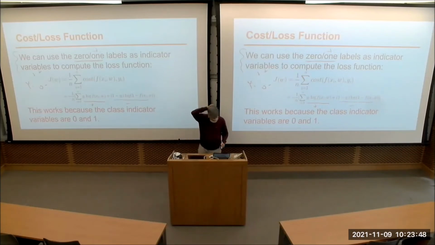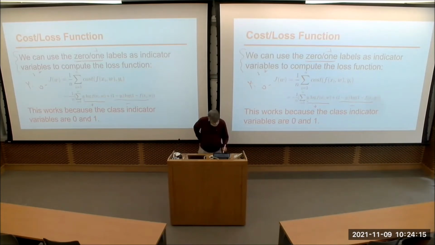And so if the item was positive, y of i was 1, and 1 was the label for the positive. It's 1 times the positive error term plus 1 minus 1, or 0, times the negative cost.